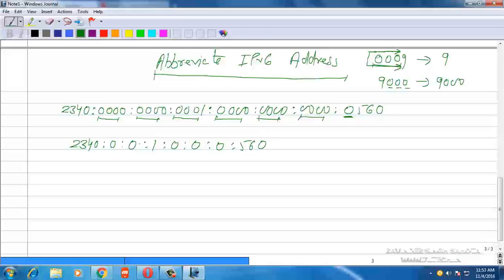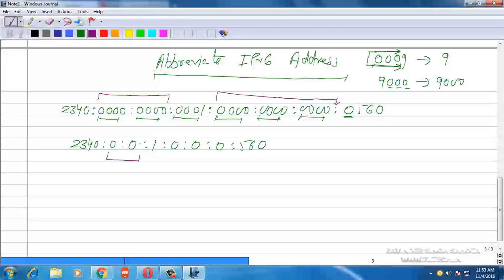Second thing, in your IPv6 address, you may see that there are multiple quartets of all zeros. Like we are saying here that the second and third quartets are all zeros. You can see in the full address that the second and third quartets were all zeros, and then the fifth, sixth, and seventh, these 3 quartets, were also all zeros, right?